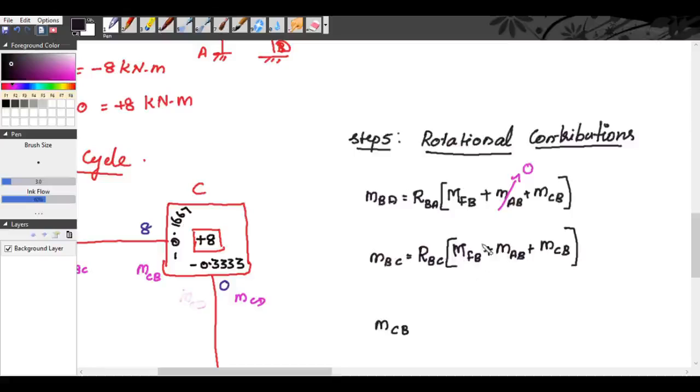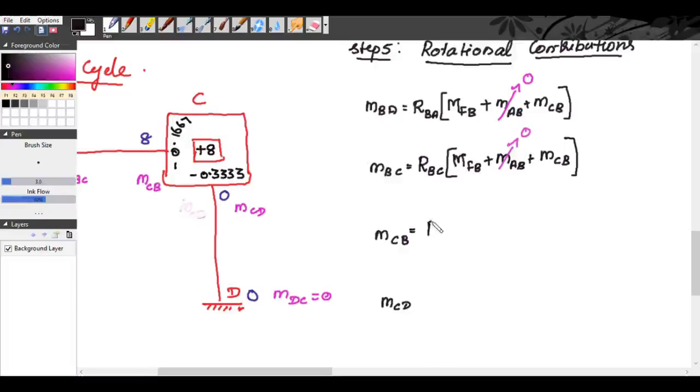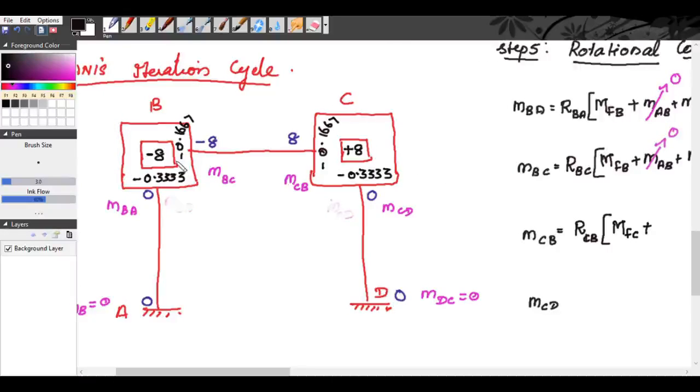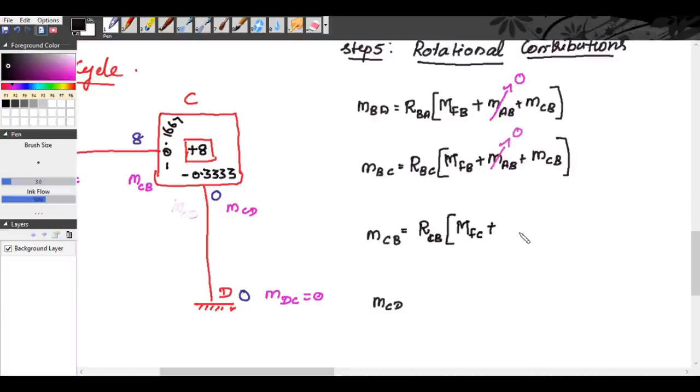As I told you, this is always 0. So for MCB, the next joint is C. For MCB, it is the rotational factor of CB multiplied by resultant restrained moment at joint C plus, at joint C, what are the neighboring supports? B and D. So it is MBC plus MDC. MDC is always equal to 0.